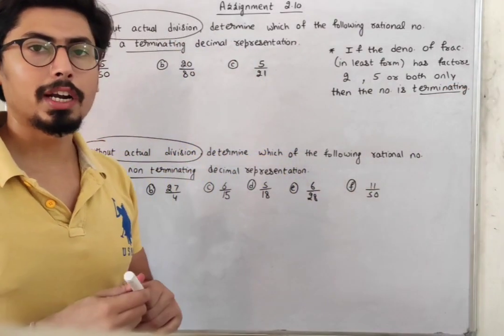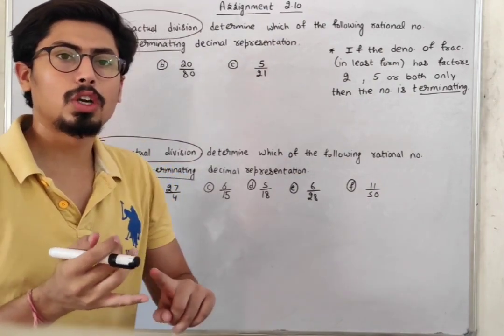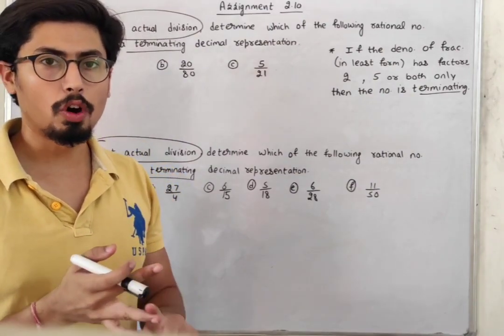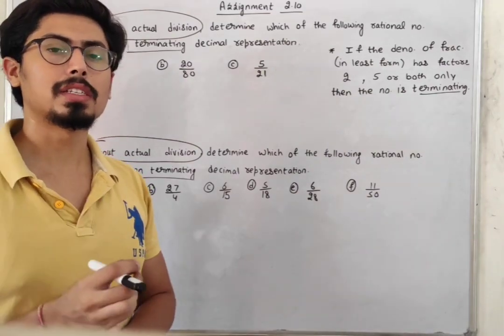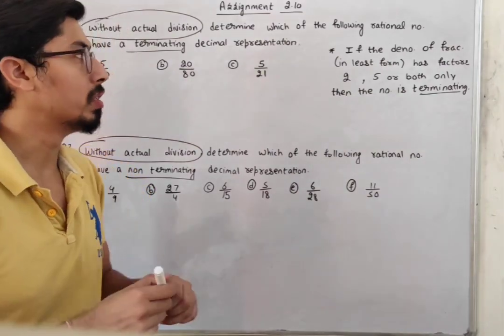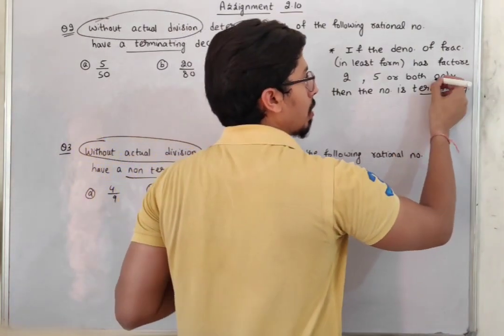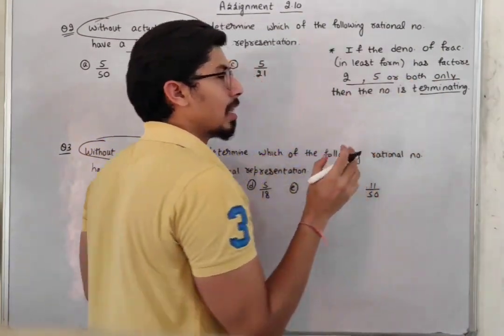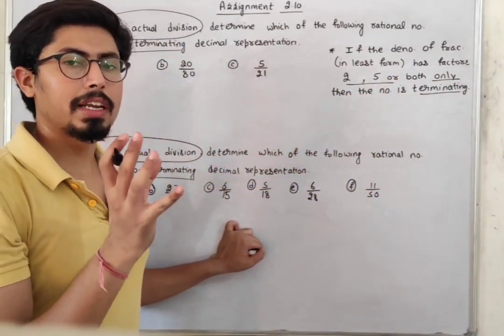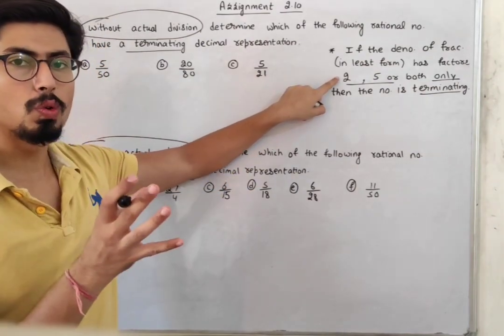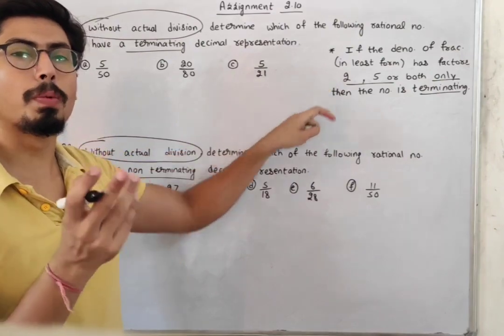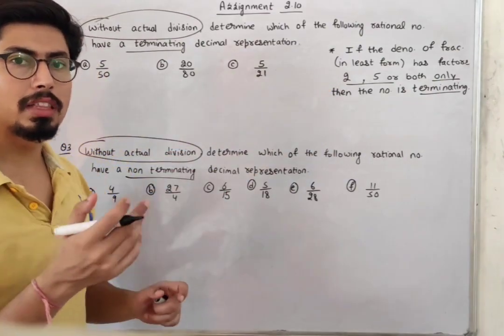If the denominator of the fraction contains only the factor 2, 5 or both, then only we can say the number is terminating. Otherwise, it will be non-terminating, students. Remember this only. That means it can have only the prime factors 2, 5 or both, not other numbers.